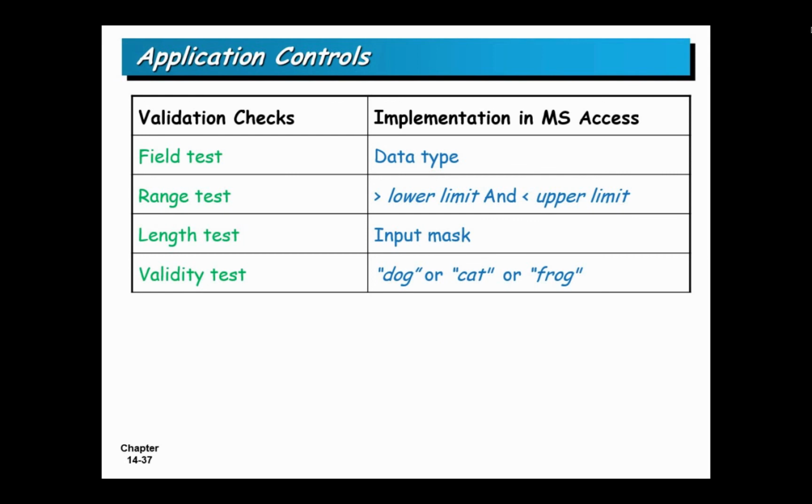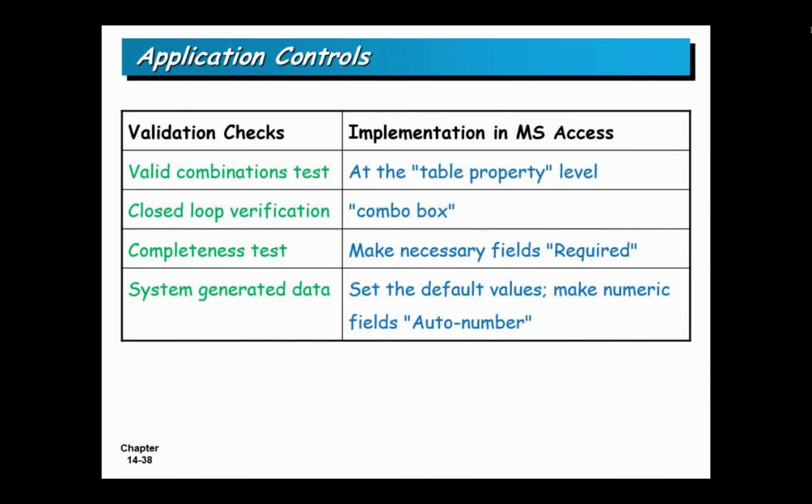Might be a validity check. It only allows certain things, maybe the 50 states. You have to enter a real state. Valid combinations. You see that with credit cards. If it's a Visa, there's a certain numbering schema. If it's a MasterCard, there's a different numbering schema. Closed loop verification. Completeness tests.